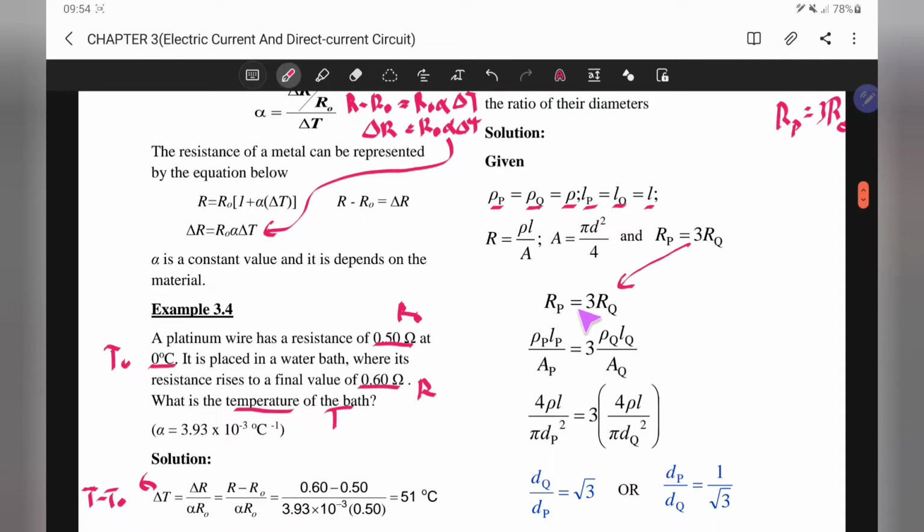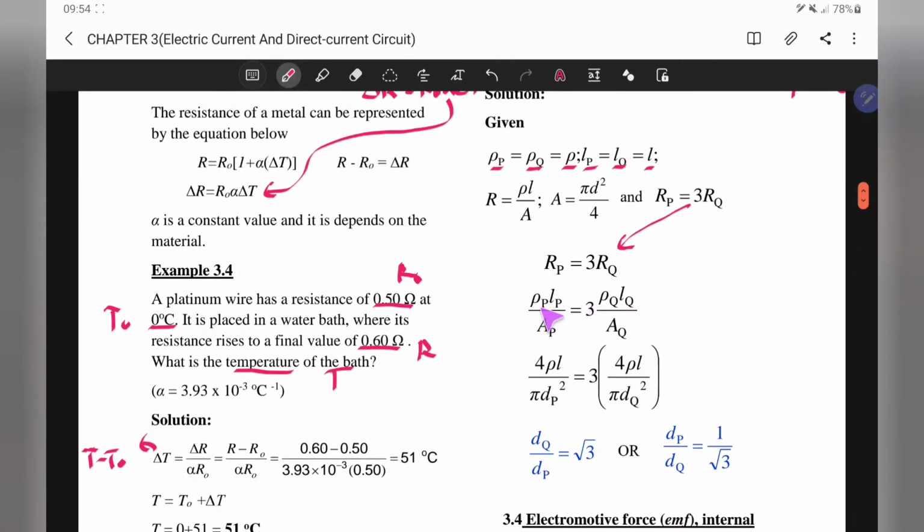RP equals 3RQ, where RP is rho L over A of P, and RQ equals rho L over A of Q. But remember, rho P and rho Q are equal to each other, we take it as rho only. LP and LQ also equal, we take it as L only, so that you will get this.